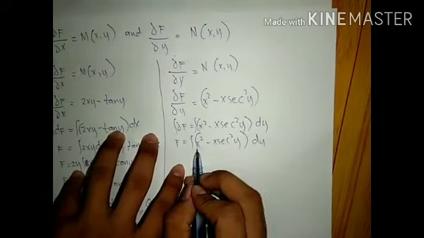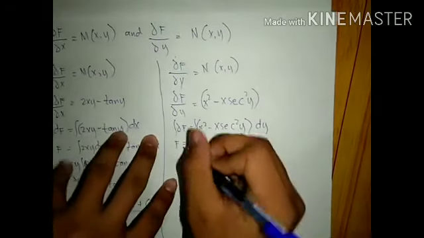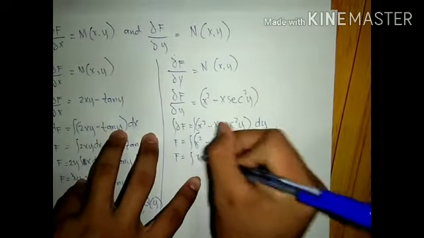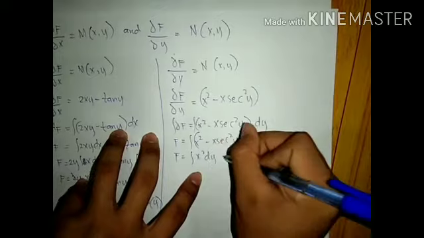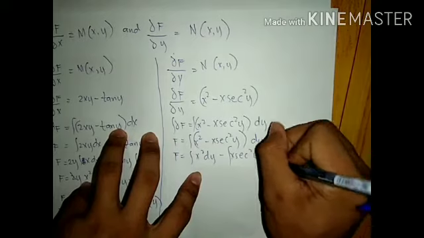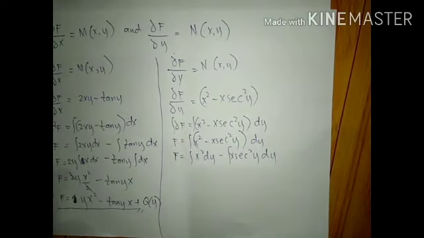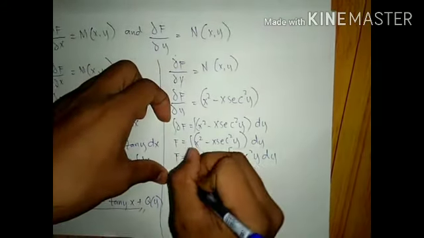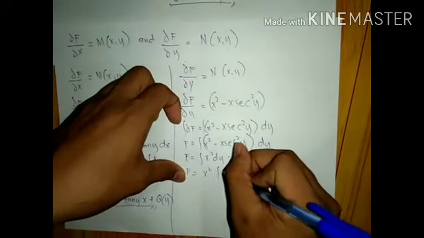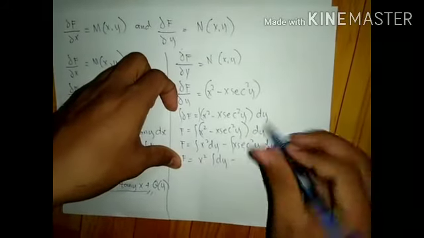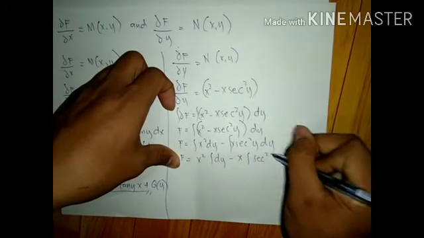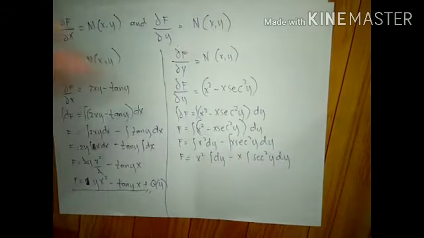So we integrate both sides. So f is equal to the integral of x squared minus x secant squared y dy. We distribute the integral: f is equal to the integral of x squared dy minus the integral of x secant squared y dy. We take out the constants: x squared is a constant, dy, minus the constant x, secant squared y dy.